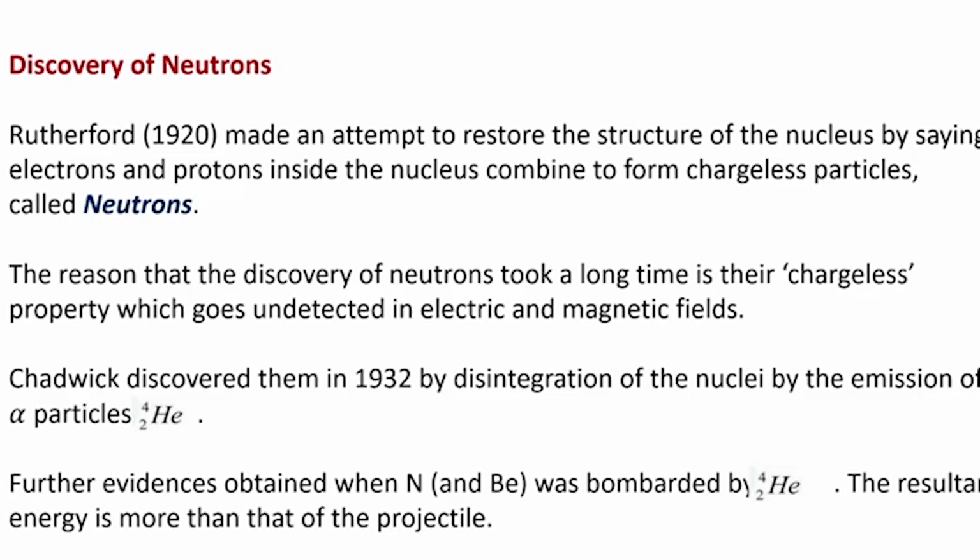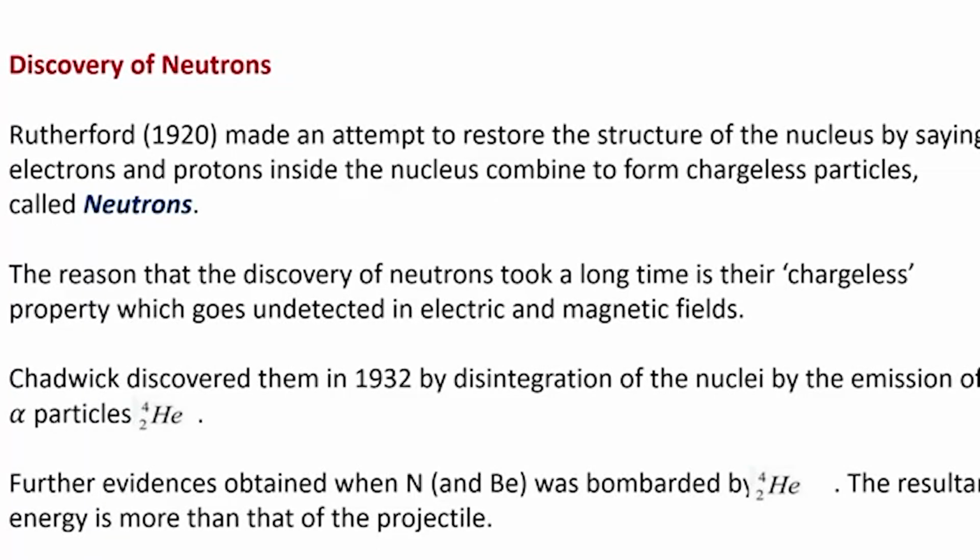However, he did not have much basis to say that, and this was one of the main reasons that the discovery of neutrons was delayed, because of this chargeless property. The entire charge of the nucleus comes from the protons, whatever the number of protons, contributing a charge plus Ze, and the extranuclear electrons contribute a charge minus Ze, rendering the system electrically neutral.